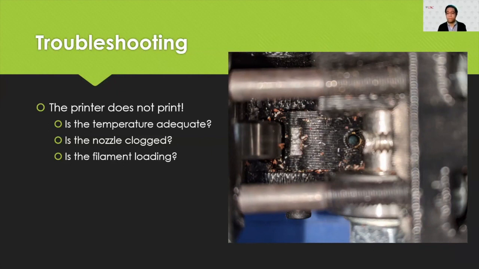So reloading the filament will fix this issue. Once the hot end is at the right temperature, a slight push should extrude some plastic. So moving the filament around until you see melted plastic coming out should fix these kinds of problems.